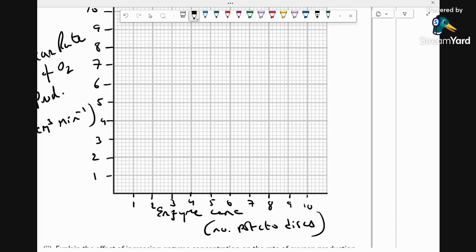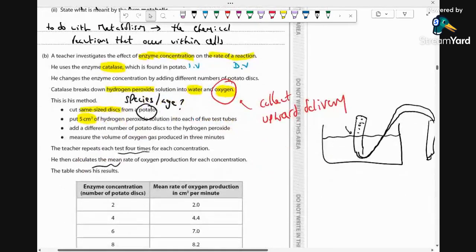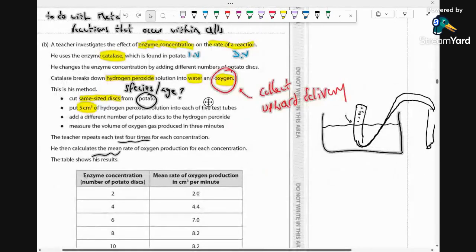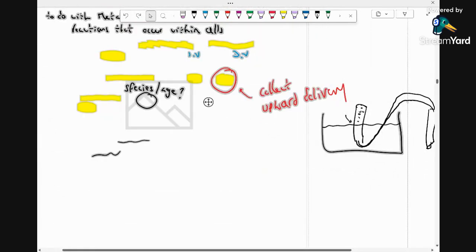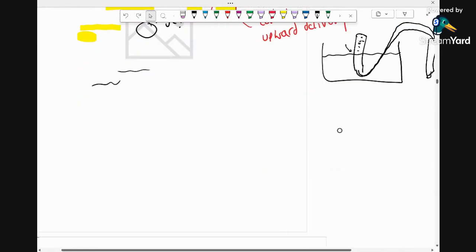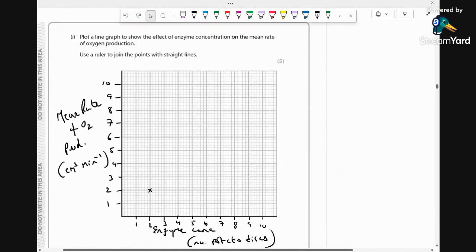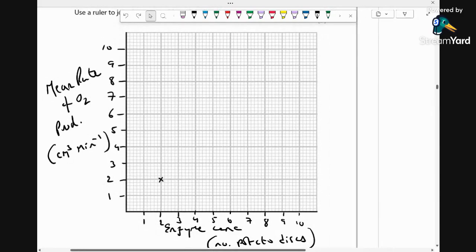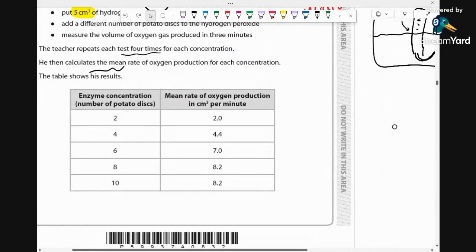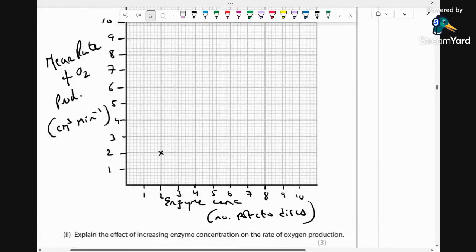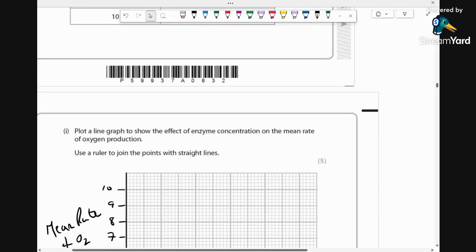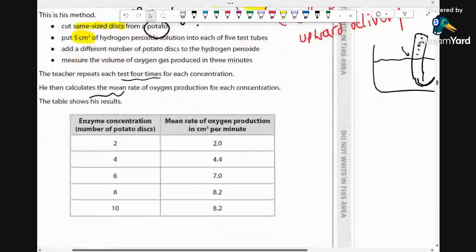Oh no, that was correct. Sorry. Right, here we go. So 2 and 2. So 4 and 4.4. So 4.24. There we go. So that's the first two done.